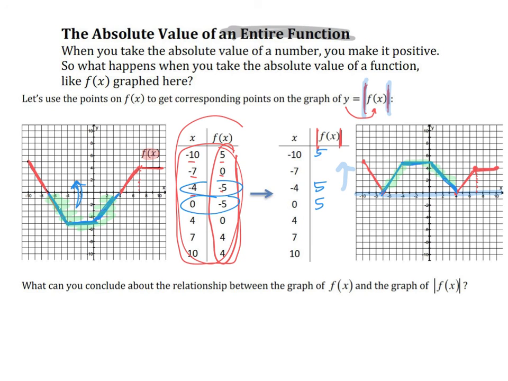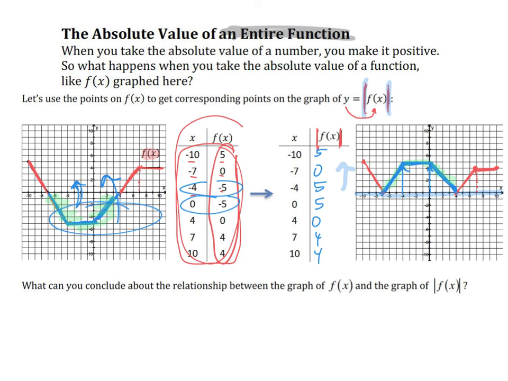Everything else stays the same, and all those y values in between have to stay positive. So that's what your graph would look like. So not difficult, right? Just knowing that all of your y values have to be positive, any negative value has to be reflected over the x-axis.